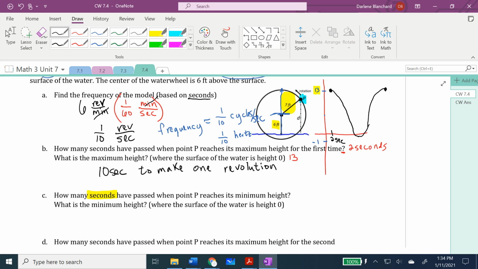Now, if it takes 10 seconds to make one revolution, then it's going to take 5 seconds to do half a revolution, which will cause it to go from its highest to its lowest.